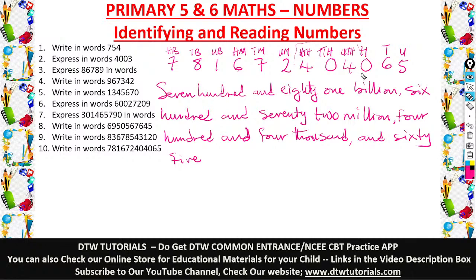You read them, you express them in words. So you start, this is your 100, you have 700. Putting these two together, it becomes 781. Remember, the value here is billion, so it will be billion. We go to the next three, like grouping in threes. Go to the next three, we have 600. This is 600 and 72 will be in million. Then we have 404,065. Okay, so this is the final answer for our last question.